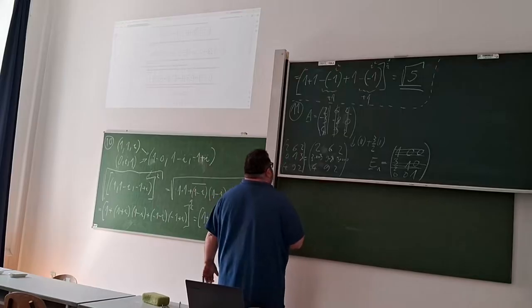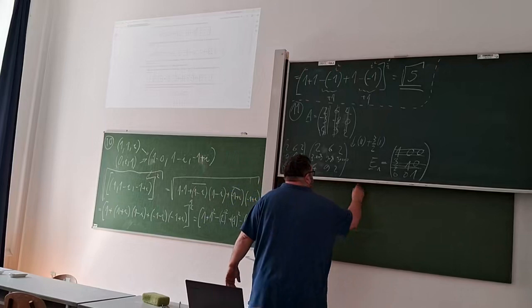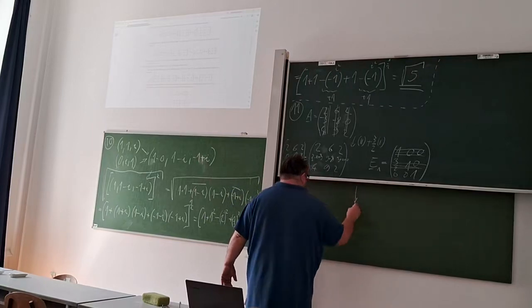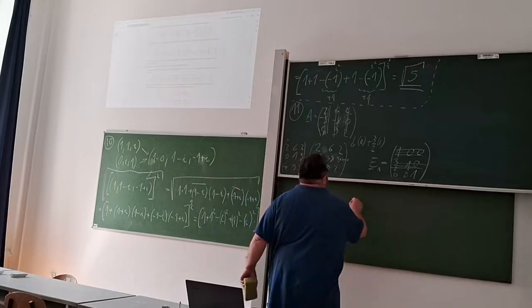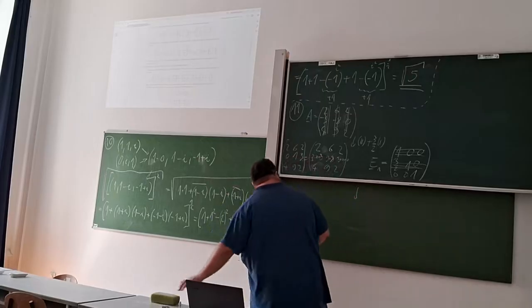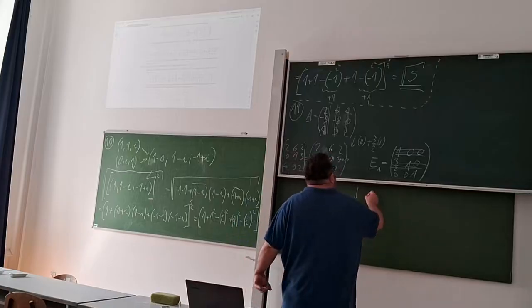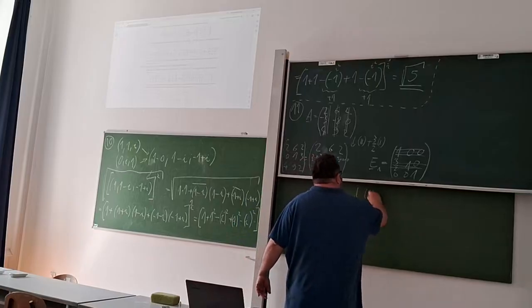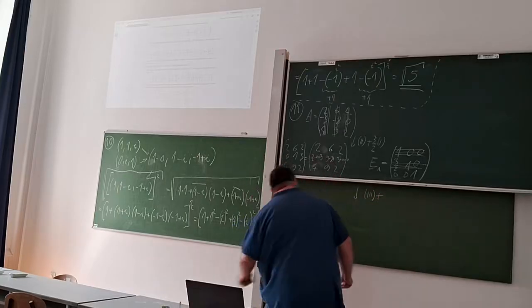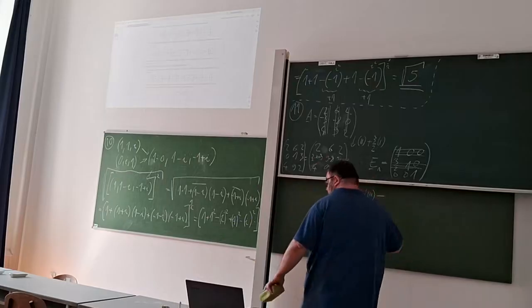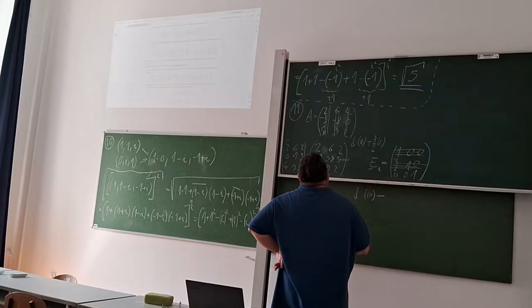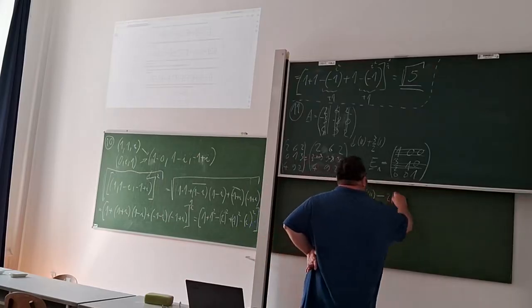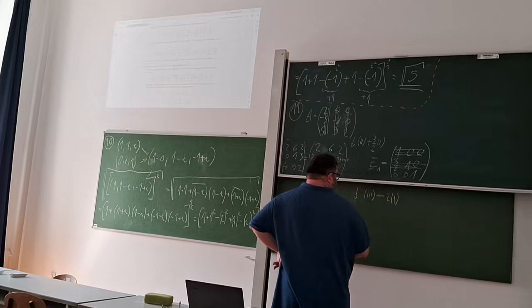Okay, so the next one. I will not write here. Oh, I must write it. I have no other place. The next step is to subtract twice the first row from the third row.